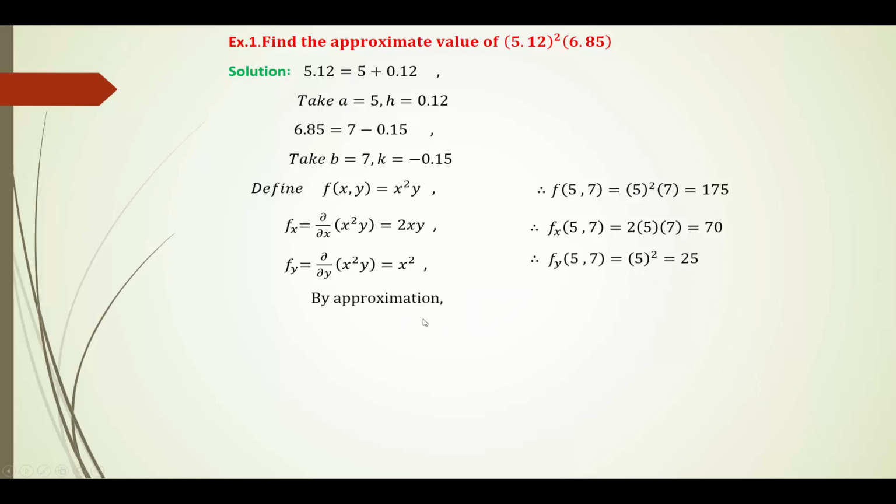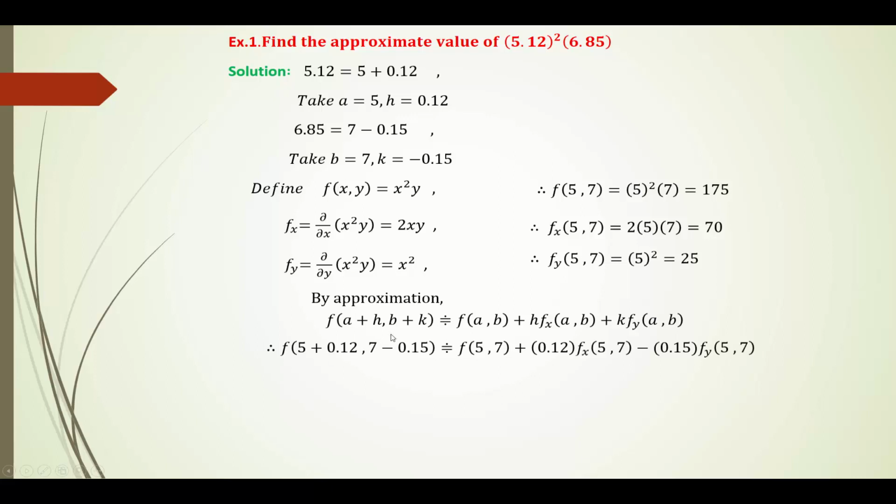Now write down the formula of approximation. By approximation, f(a+h, b+k) is approximately equal to f(a,b) + h·fx(a,b) + k·fy(a,b). Here put the values of a, b, h and k.